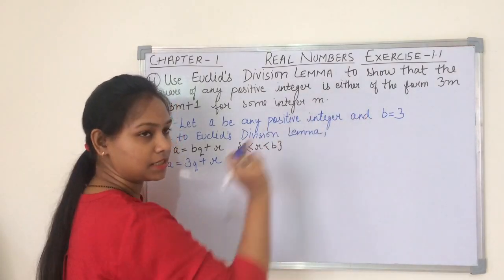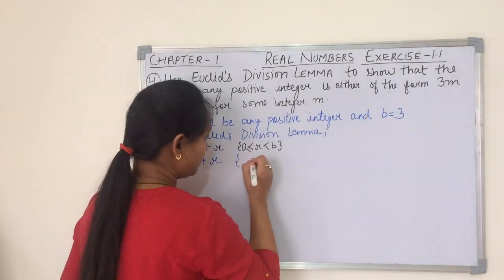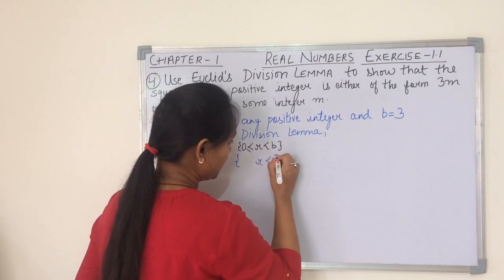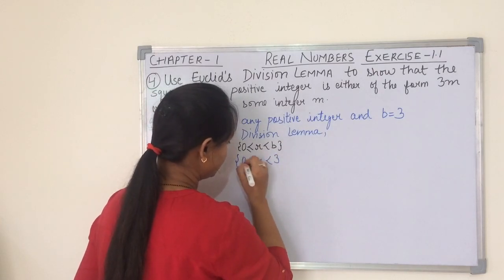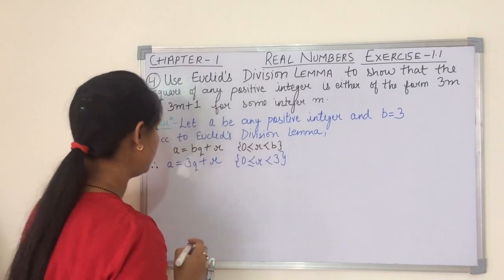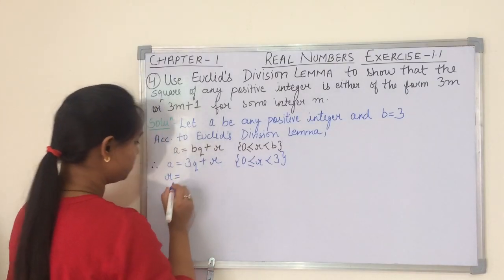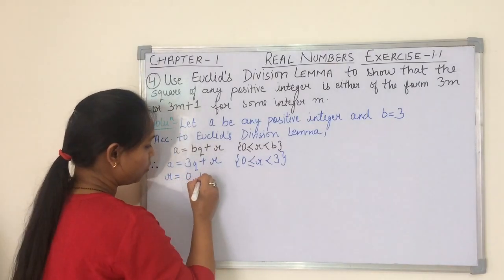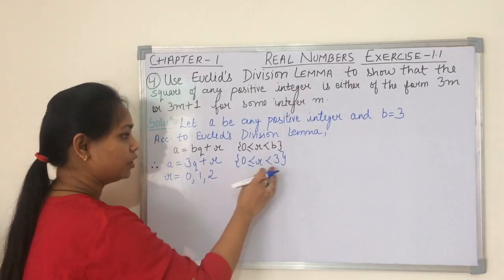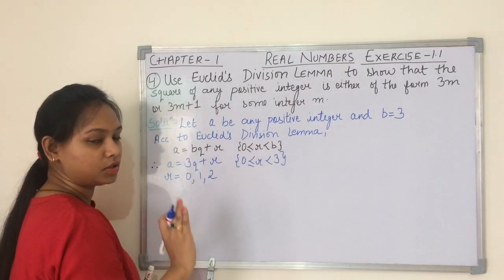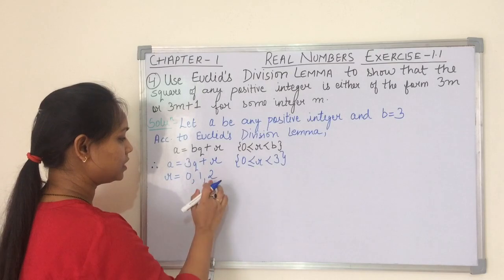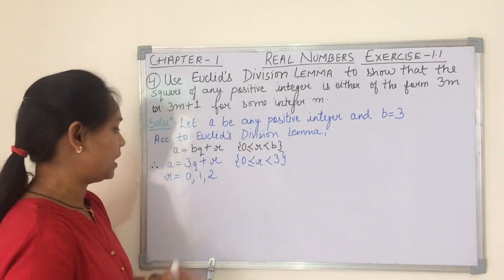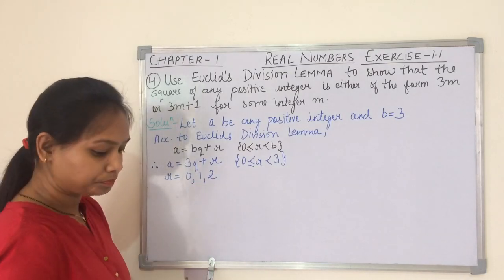Since the value of b is 3, the remainder should always be less than 3 and greater than or equal to 0. Therefore, the possible values of r could be 0, 1 and 2. 3 से छोटा and 0 से equal या बड़ा. So 3 से छोटा value is 2. That's why 0, 1 and 2.